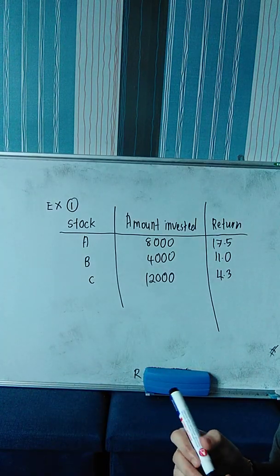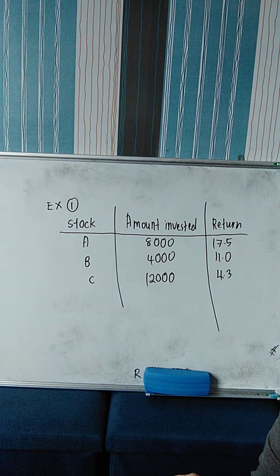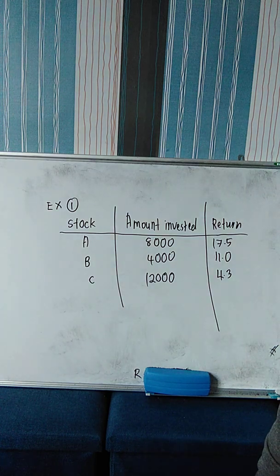Then we continue to example 1, how to calculate the return on portfolio. Example 1 is Melissa. On the following portfolio of stocks, what is the return on her portfolio?